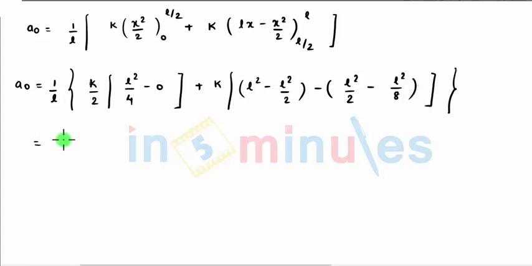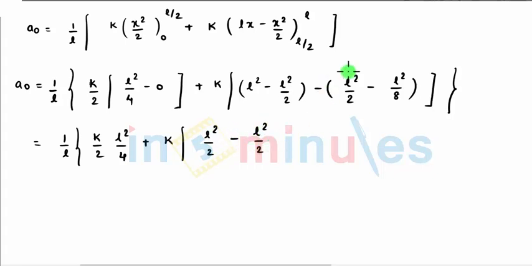So finally I can write 1 divided by l, this as k by 2, l square by 4 plus k, in a bracket there will be l square divided by 2 minus l square by 2 plus l square divided by 8. I can just cancel these both terms.